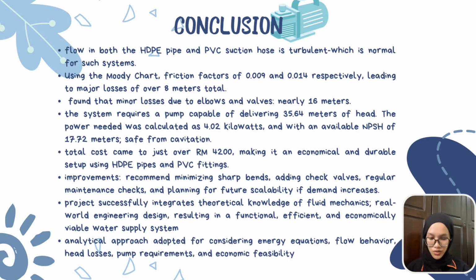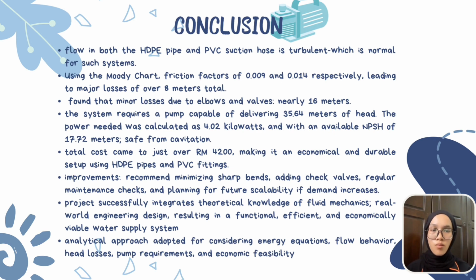I will continue to the last part of this project report, which is the conclusion. From the summary of findings and recommendations for this project, our analysis shows that the flow in both the HDPE and PVC suction hose is turbulent, which is normal for such systems.